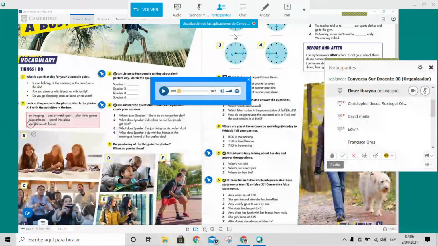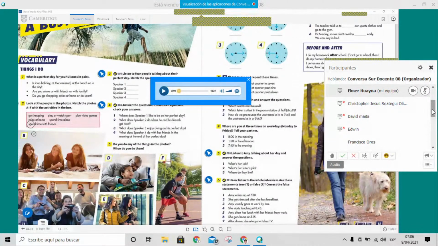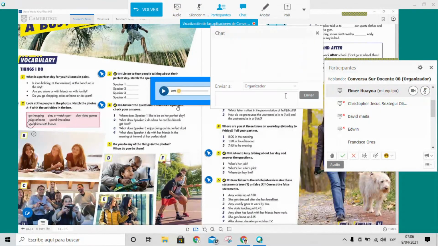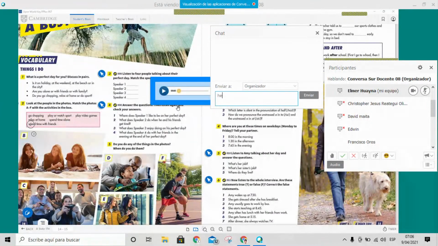Any other volunteers? Any other volunteer for sister? No?